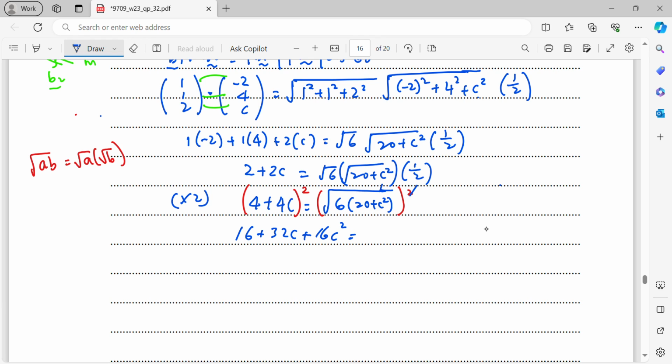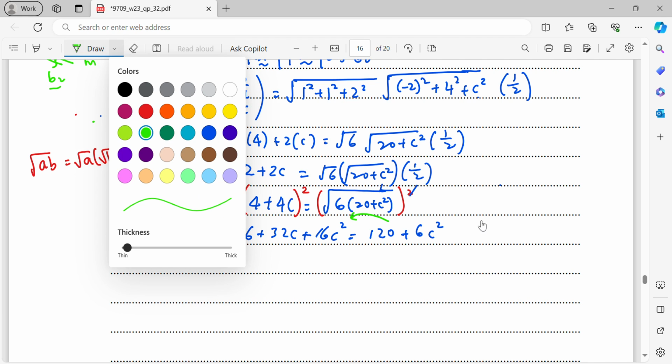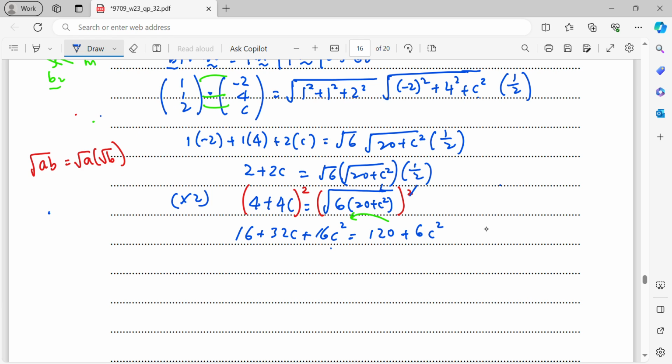Then right hand side will be 6 times 20, 120, plus 6C squared. Okay, now all the terms move to the left side. So then I will be getting 16C squared minus 6C squared is 10C squared. Then plus 32C, 16 minus 120, it will be negative 104. Okay, this quadratic equation can be factorized into C minus 2 and 5C plus 26.